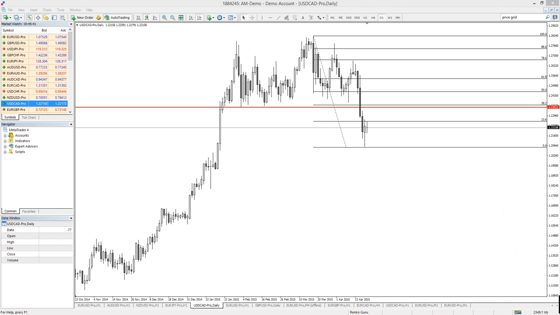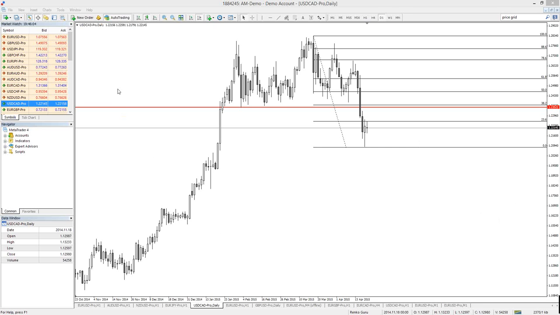Dollar CAD, 23.50. Mark it down. Christian is saying, I see the red good. So I'm not sure why you cannot see it on the chart, Greg, but it's 23.50 exactly here.